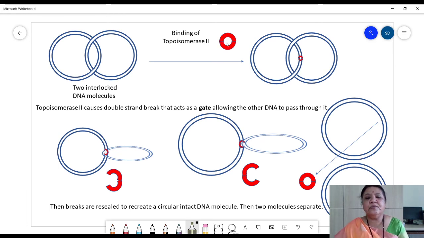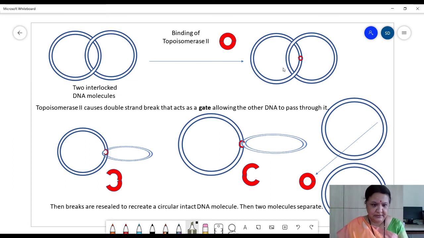This topoisomerase 2 causes a transient double-strand break that acts as a gate, allowing the other DNA to pass through it. How this gate works has been shown over here.